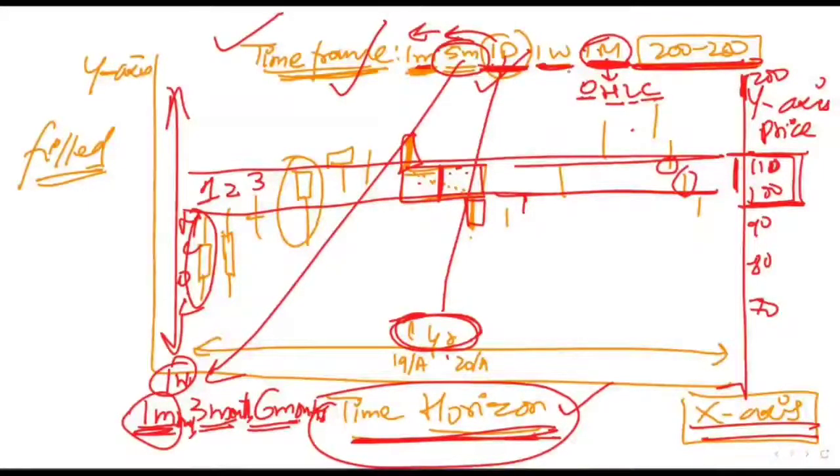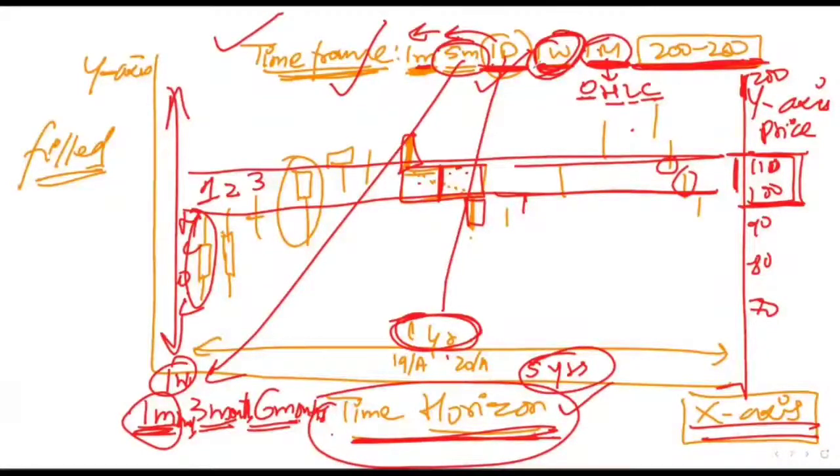So with around 250 candles, you can have around 5 years worth of data. If you are choosing 5 years as time horizon, then you can easily go for a 1 week time frame, because 1 year has 52 weeks. So 5 years will have around 250 weekly candles. That is correct, but for 5 years, not for 10 years.